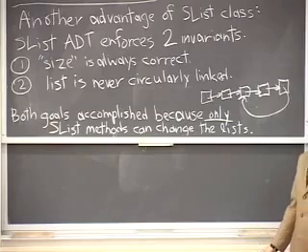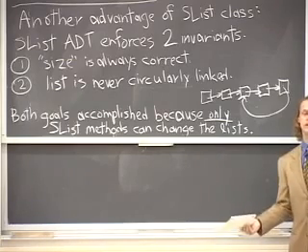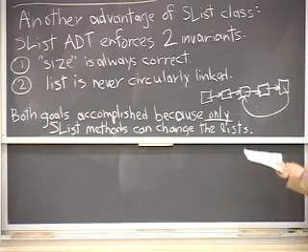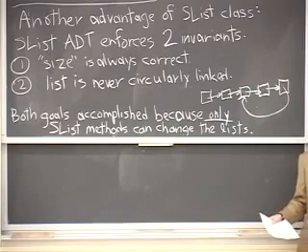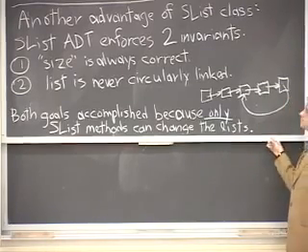So if one of your coworkers uses their evil tamperer program to try to change the internals of your list without going through your S-list class, they can't do that.